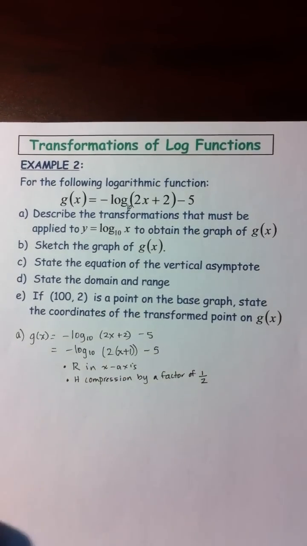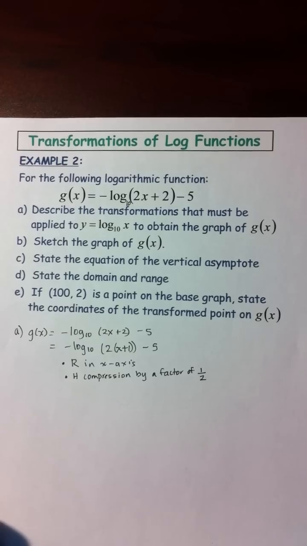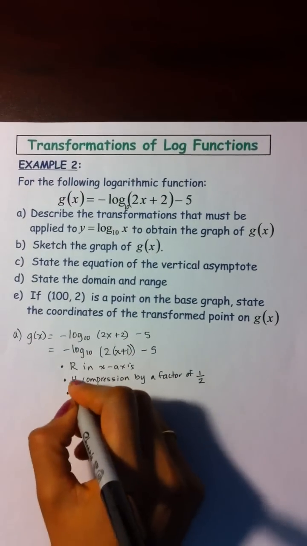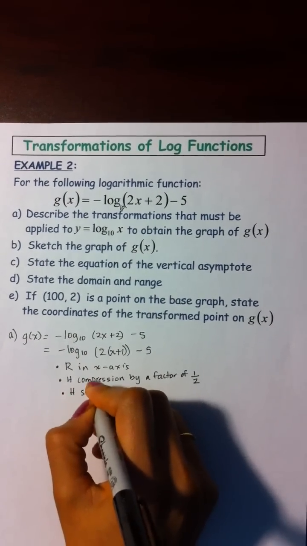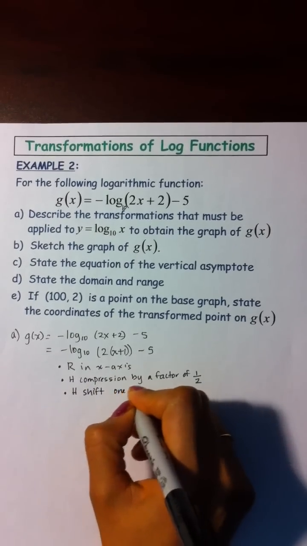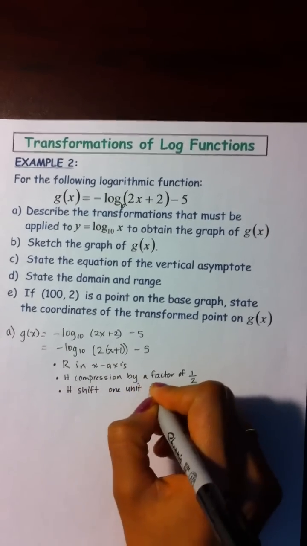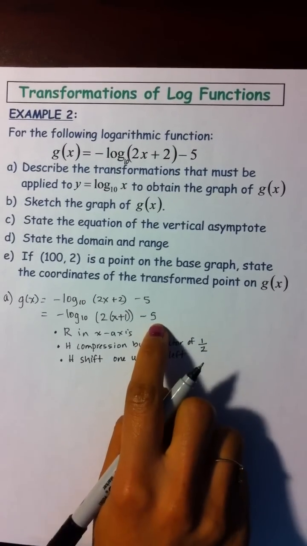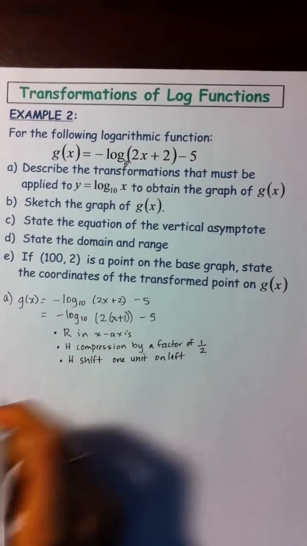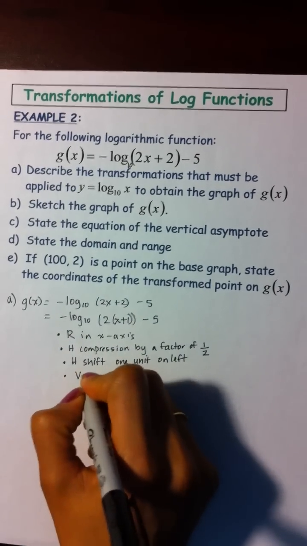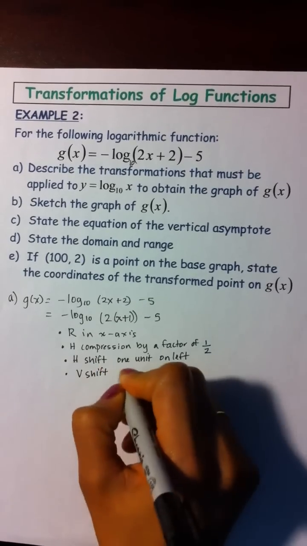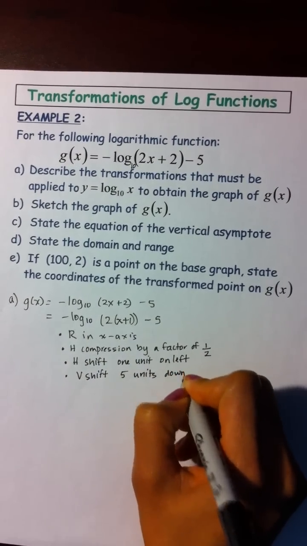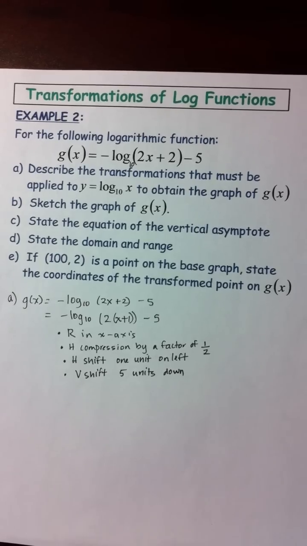The 1 here is going to be my horizontal shift 1 unit towards the right-hand side because my d value is a negative 1. And then the negative 5 is going to be a vertical shift 5 units down. Okay, so that is basically part A.